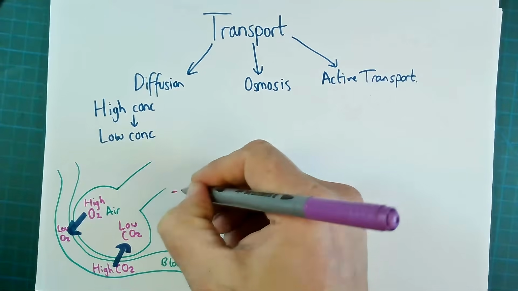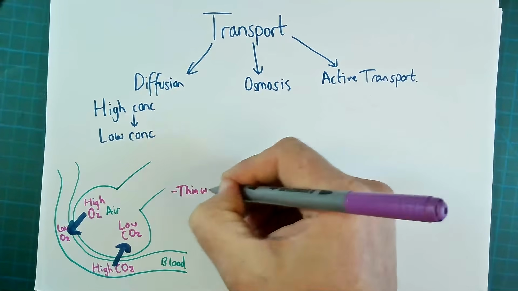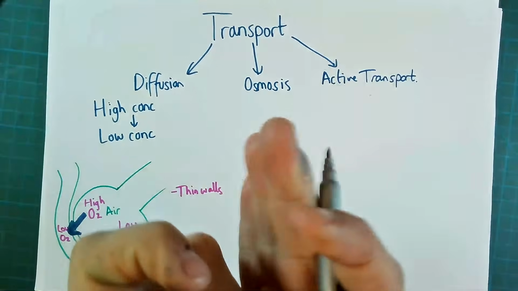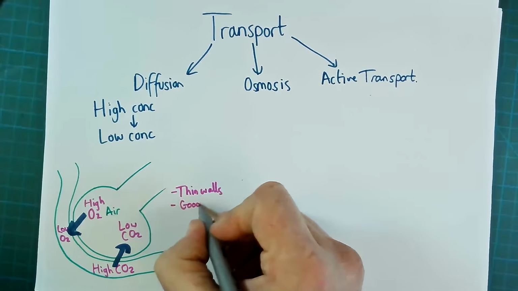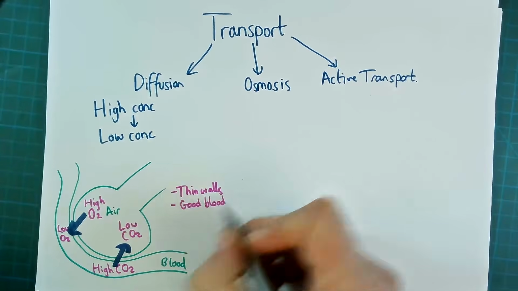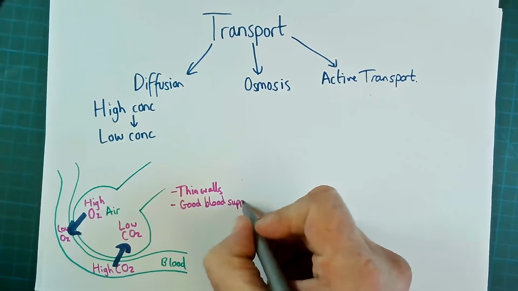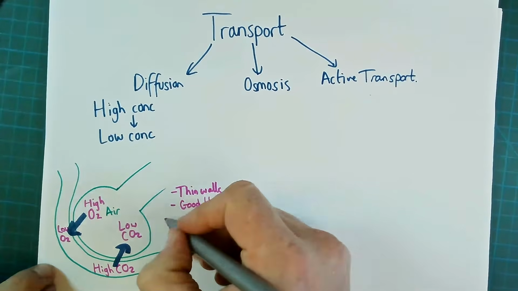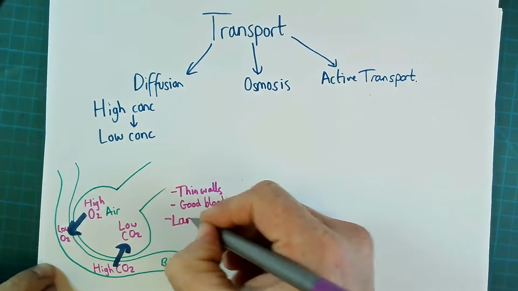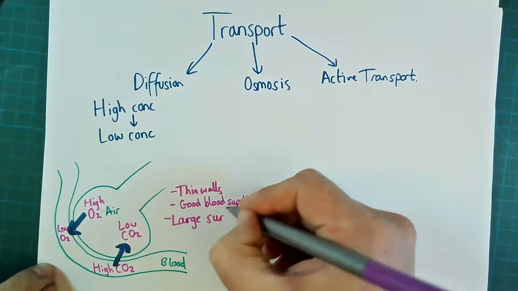First of all, they're very thin walls, very short distance. That means that it doesn't have to go far. It's got good blood supply, so it means that anything which is done is whipped away. And the main big dog of this is the idea of a large surface area.